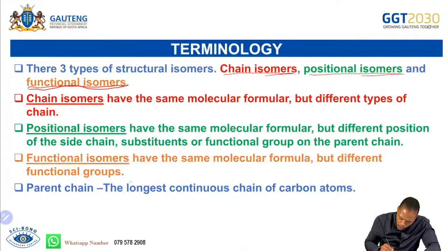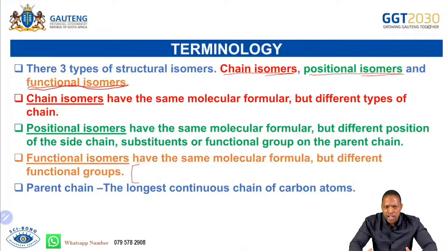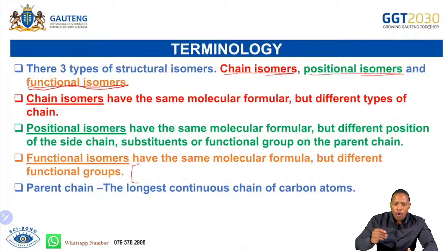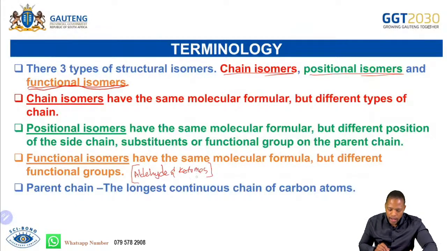So what I want you to know and keep in your head right now, grade 12, is that I have two pairs of functional isomers that I need to be aware of as a grade 12 learner doing technical science. One, aldehyde and ketones. These are functional isomers. So if I have an aldehyde with 4 carbons and a ketone with 4 carbons, definitely those two will have the same molecular formula. They will only differ with the what?